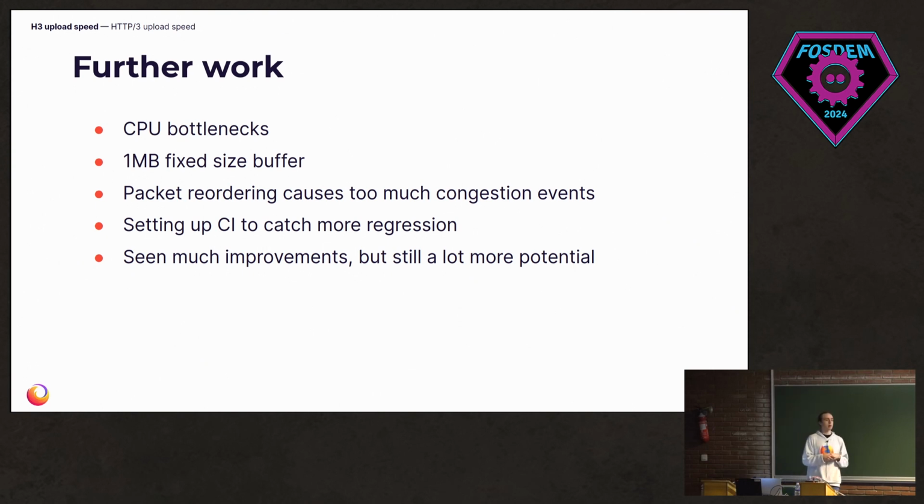We also have, similar to the HTTP2 case, a fixed size buffer. This will become a problem at some point at much higher bandwidth than with the HTTP2 upload speed problem, because we have a buffer that is 8 times as large, 1 megabyte instead of 128 kilobytes.